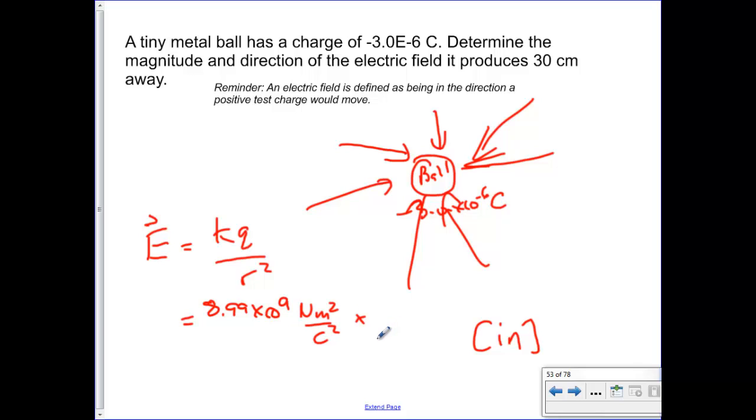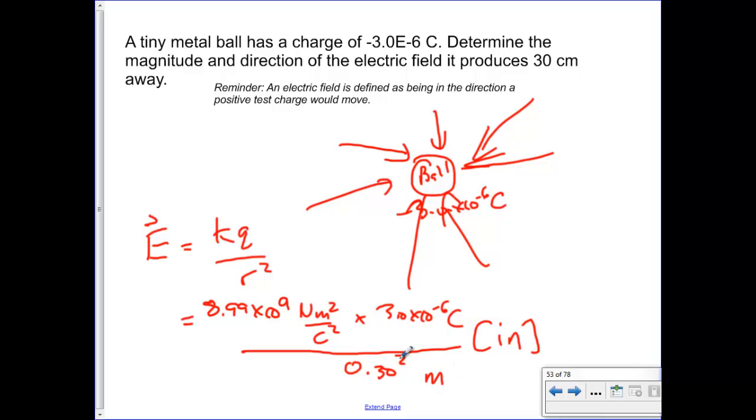The Q is now the actual charge of the object producing the field. So this ball right here is causing objects to get sucked towards it. Do I need the negative? The negative just tells us which direction it goes. So 3 times 10 to the minus 6 coulombs. And then on the bottom we need to have our distance, but it has to be in meters. 0.30 squared meters.